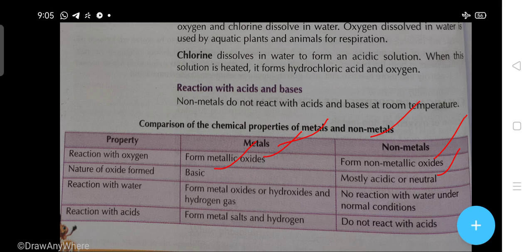Reaction with water: metals form metal oxide or hydroxide and hydrogen gas, and non-metals show no reaction with water under normal conditions. Reaction with acid: metals form metal salt and hydrogen, and non-metals do not react with acid.